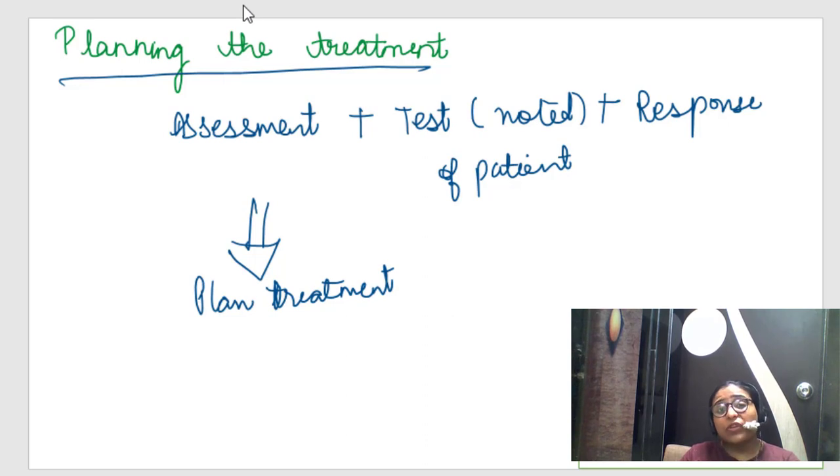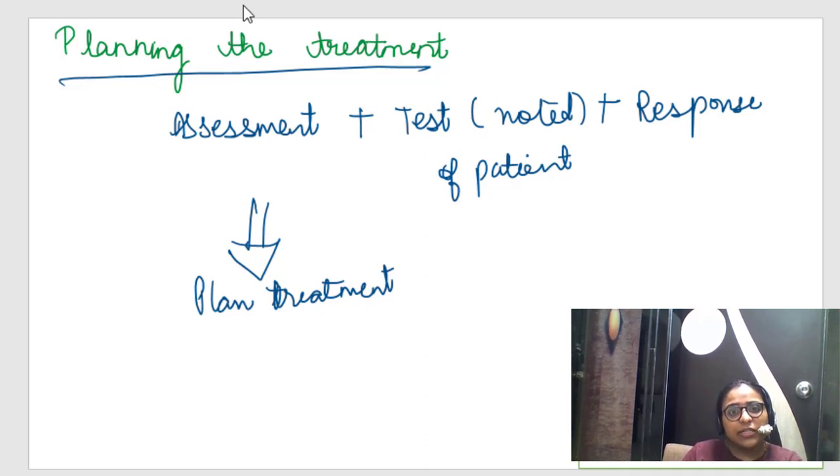It includes various exercises, according to the patient, whether isometrics or isotonics are to be done, or the patient should be put on resisted exercises, or given mobilization, and a wide variety of techniques are there in physiotherapy.